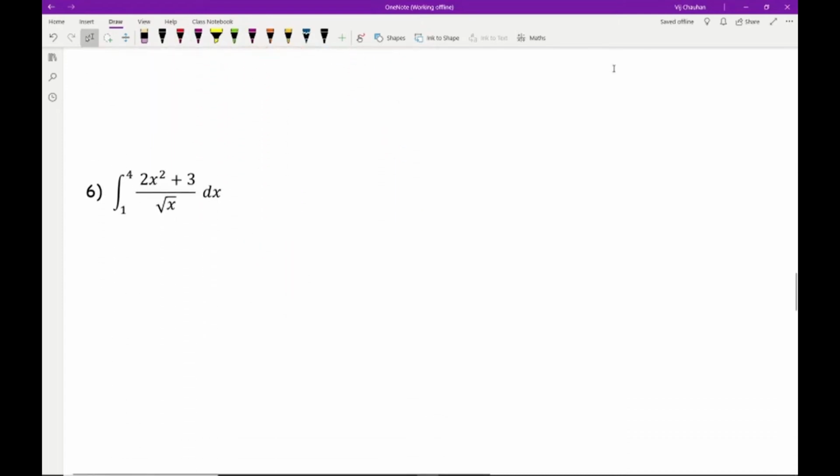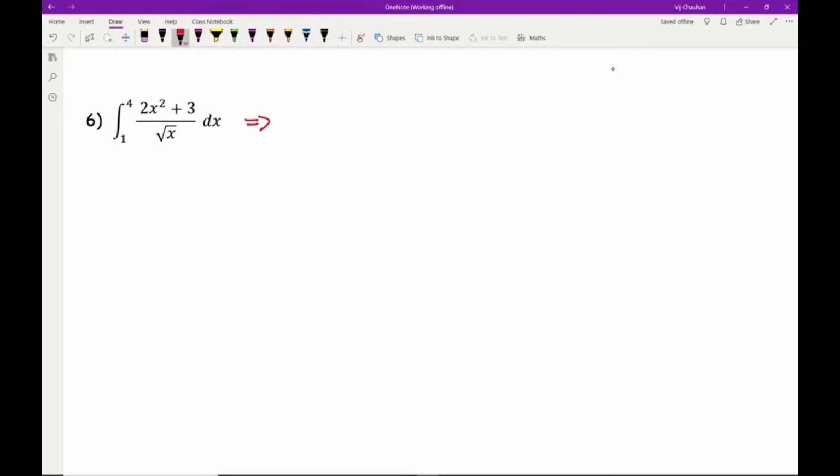So moving on to the next one, this one's getting more and more complicated, so let's have a look at question 6. Again, the first thing I want to do is try and simplify it where possible. So I'm still going to work with the integral 4 and 3. I've got 2x squared plus 3, and with regards to a fraction I've got x to the half, and I've got a minus dx.